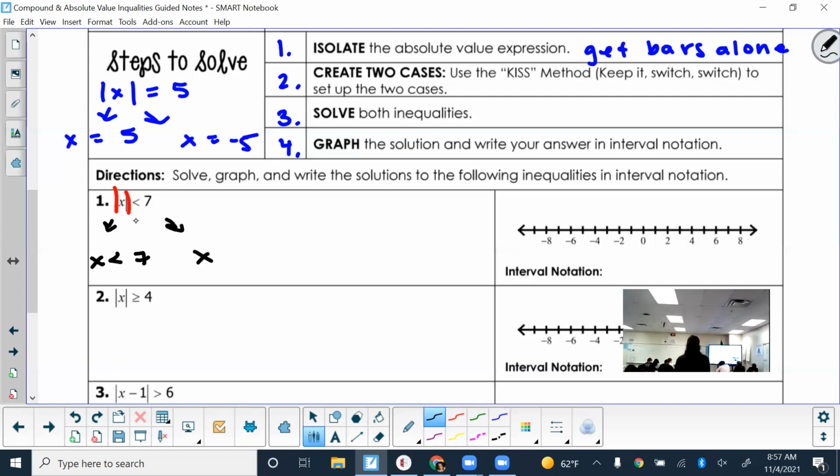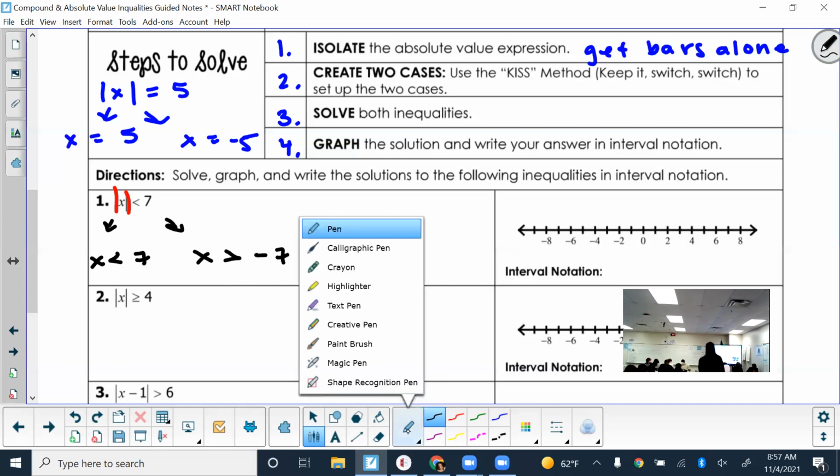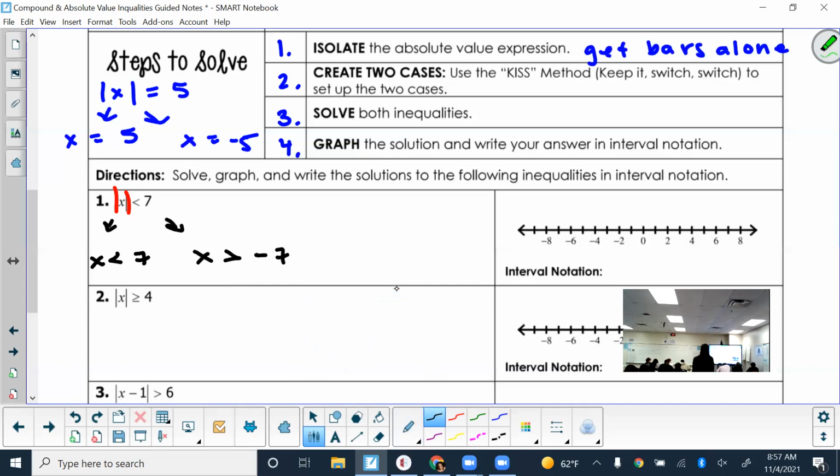So you switch the sign. Now it's going to be greater than. And you make it negative, a negative 7. Notice that change. We switched the sign and the sign on the number. So that's a switch. Questions there? All right, and then if you want to highlight the keep it, that goes with this part.